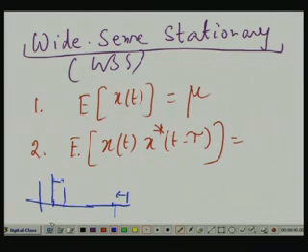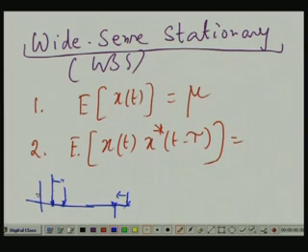So, whether you are observing two samples here and here or observing them here and here, as long as the gap is same, you should get the same correlation. You can call it autocorrelation. The absolute time points do not matter, because again this randomness is uniformly distributed along this axis.